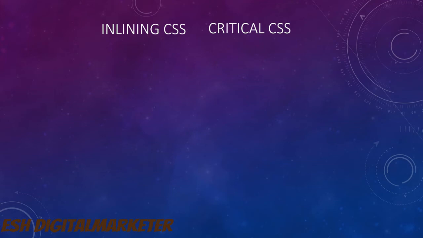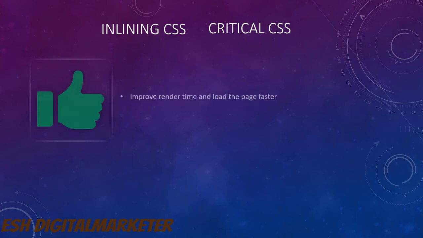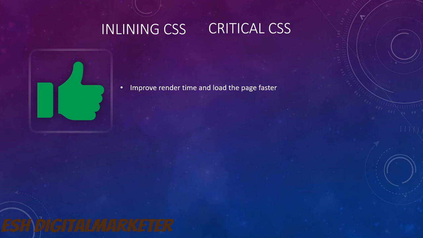They should be given immediately to the browser to parse. So whatever CSS is required for above the fold content, you can inline it within the HTML. The rest of the CSS can be used externally. This helps to improve the render time and load the page faster.